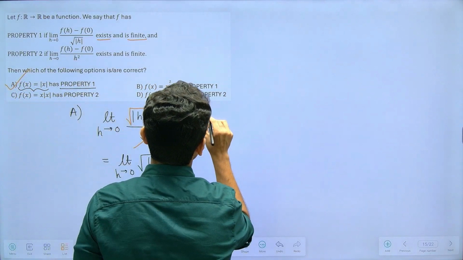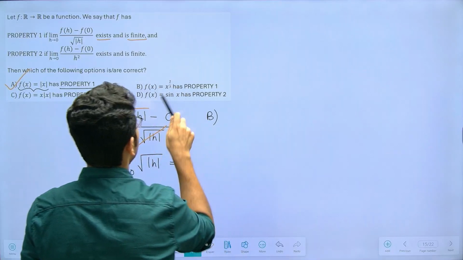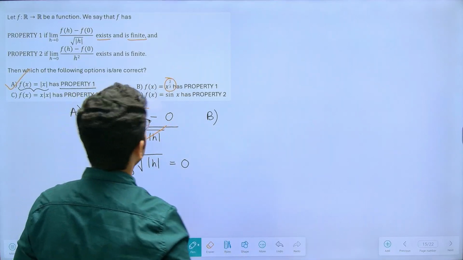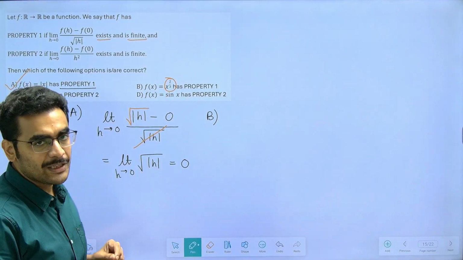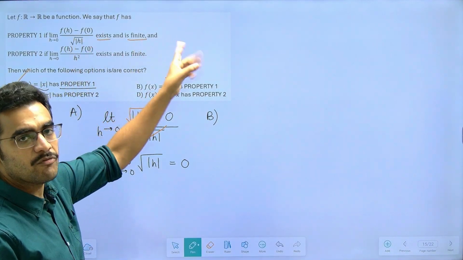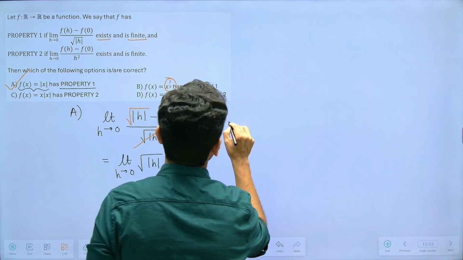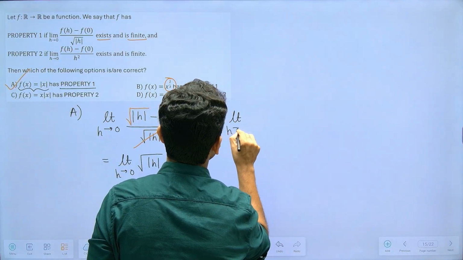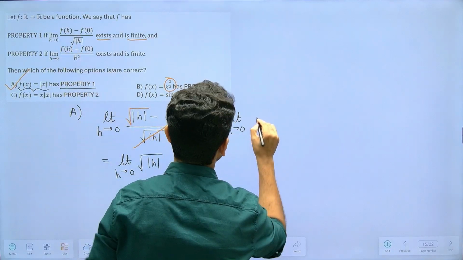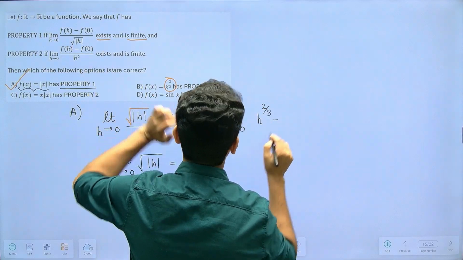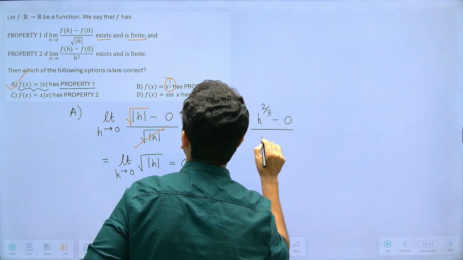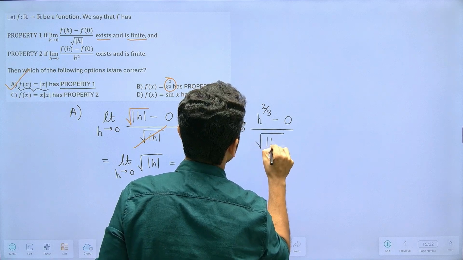Next, option B says f(x) equal to x power 2 by 3 has the property. So let us test, for x to the power 2 by 3, does this limit exist finitely or not? So what is the limit? It will be limit h tends to 0, f(h), that is h power 2 by 3, minus f(0), which is 0, divided by root over mod h.